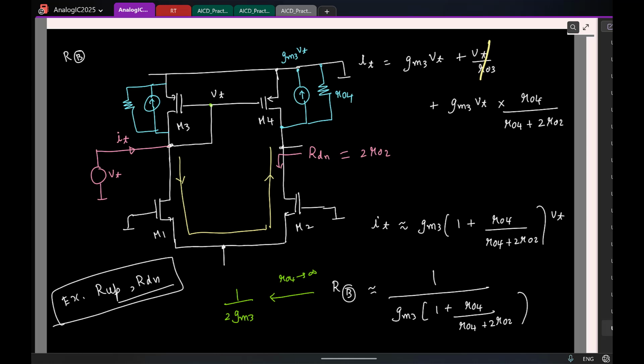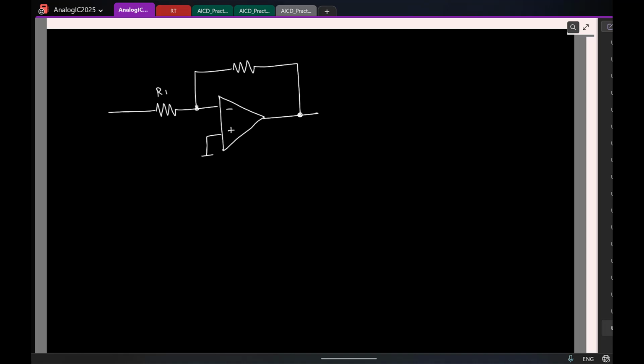So let us say you design such an amplifier, let's say this 5 transistor op amp itself, and you use it to form an inverting amplifier like this, for example. So again, if I call this R1, R2, and the small signal voltage is some Vi, what will be the output here?